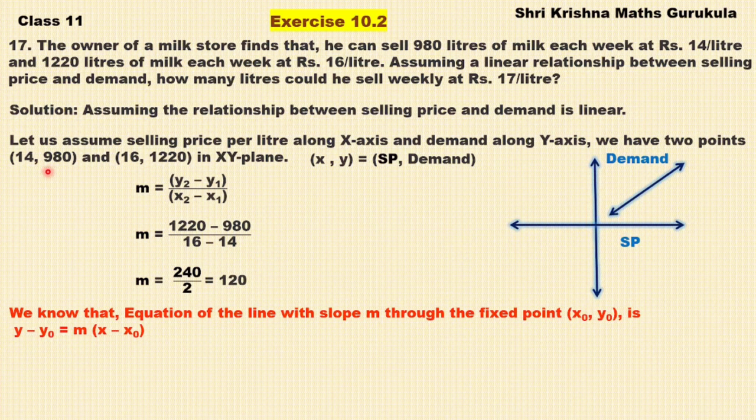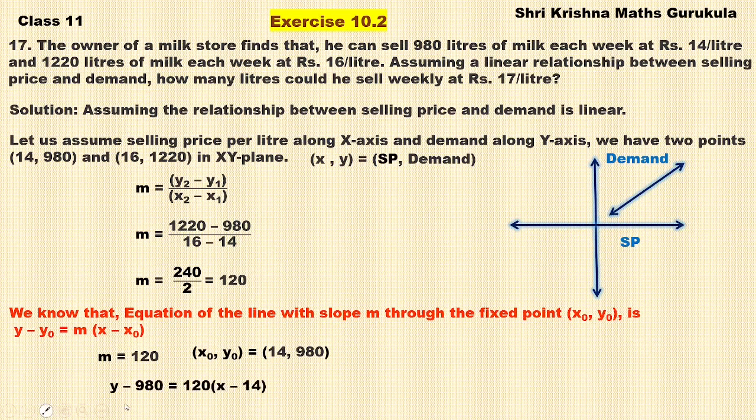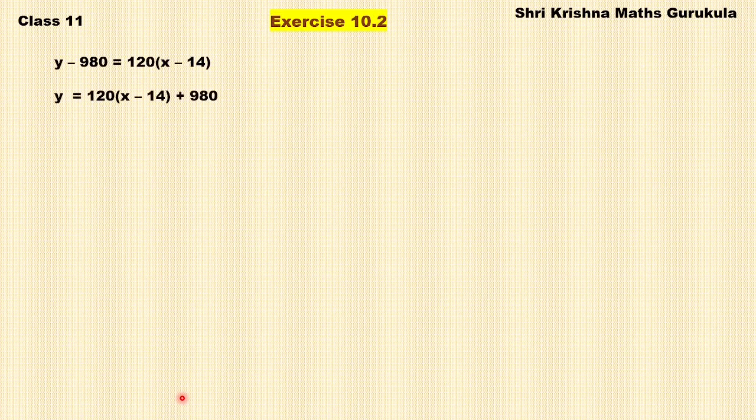For (x0, y0), we can consider either of these 2 points. In this case, I will be considering (14, 980). Now we substitute the values: y minus 980 is equal to 120 into (x minus 14). Moving 980 to the other side, y is equal to 120 into (x minus 14) plus 980.